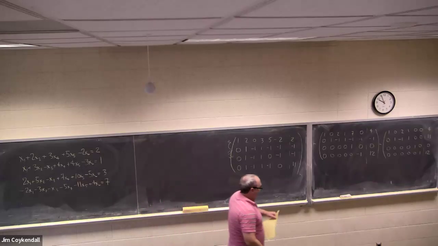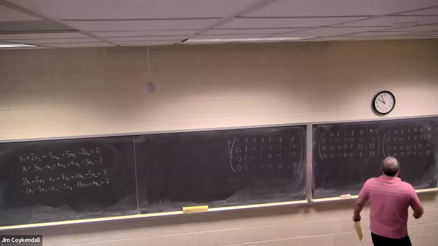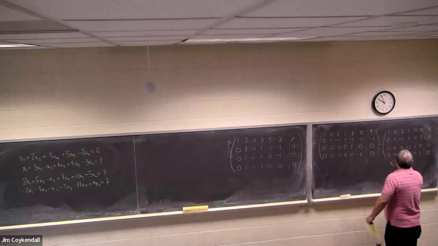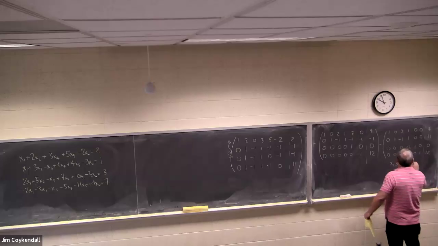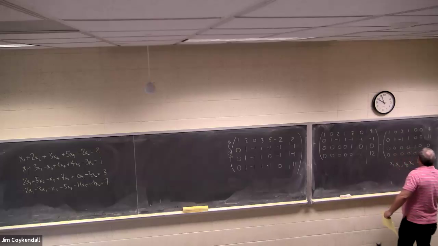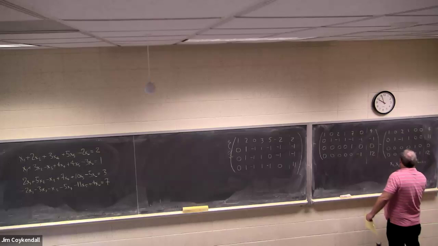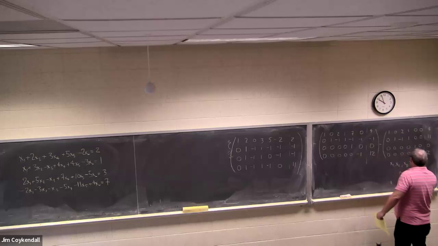So what do we have here? We have x1, x2, x4, x5 and x6 basic, and x3, x4 free.